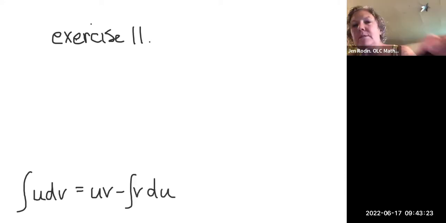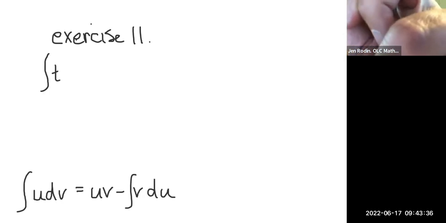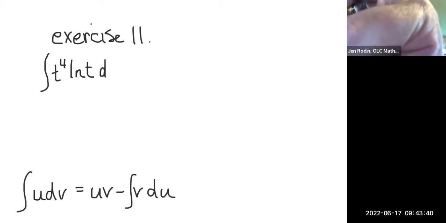I just always rewrite the formula if it's new. Usually it would be up on the board the whole time or on a poster in the room. So exercise 11 is this: t to the 4th ln t dt.